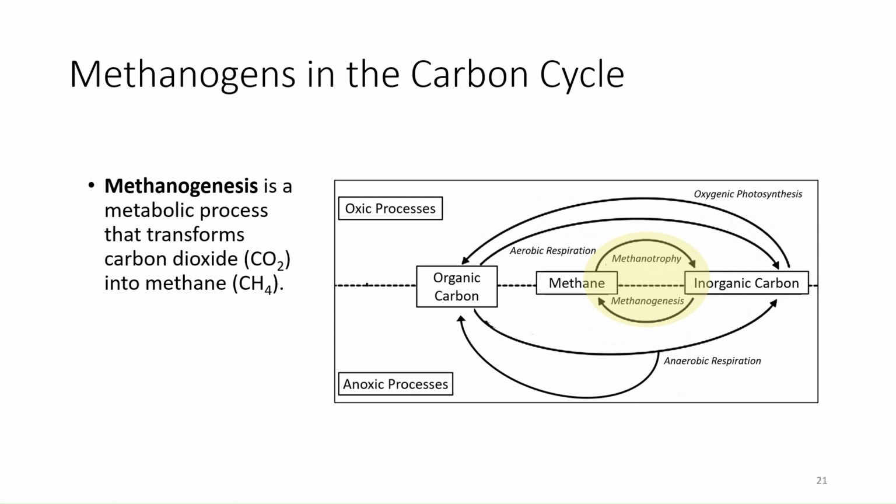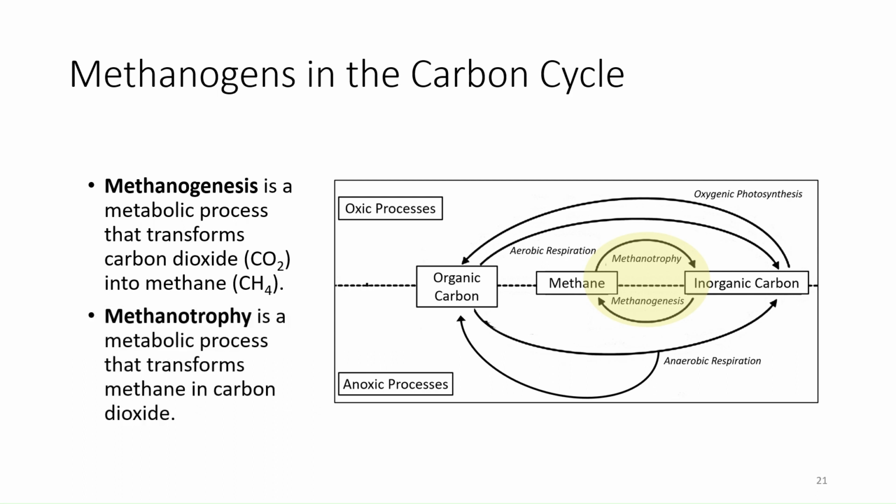That is clearly a reduction. We're losing oxygens in this process and gaining hydrogen. So very simple, clean cut. It meets both rules of thumb for reduction. And that happens in the absence of oxygen. In the presence of oxygen, organisms love to consume methane. That's methane feeding, or methanotrophy. And that's where we oxidize methane into CO2 again.